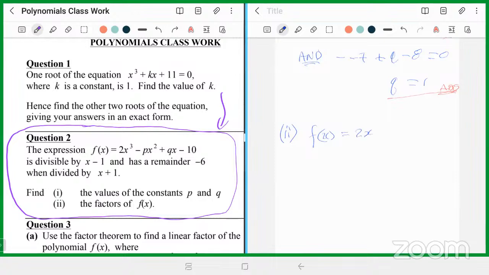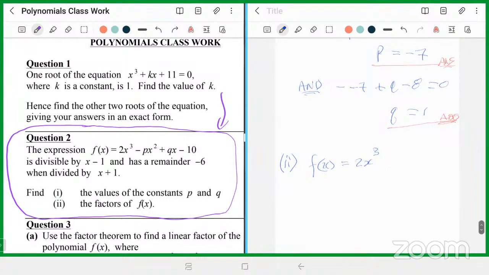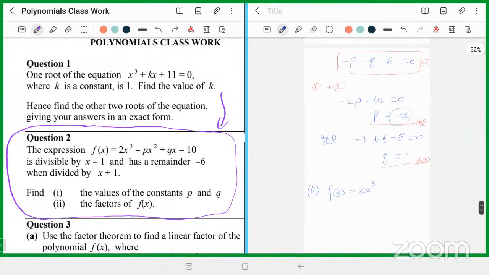2x cubed. Remember the p is negative 7 now. And this is minus p. Minus minus becomes a plus. So this becomes a plus 7x squared. Let me make it smaller and then carry it on the screen.